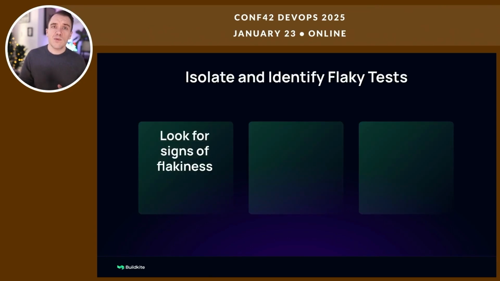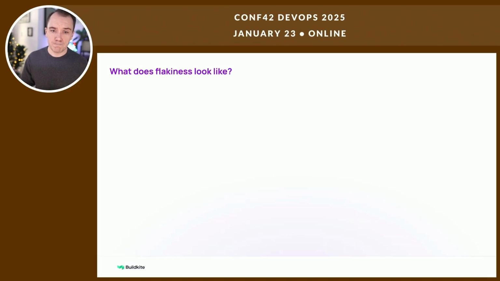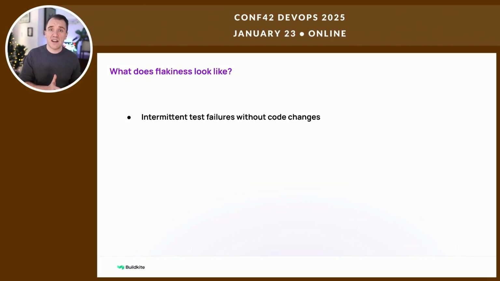So the first thing we're going to want to do is look for signs of flakiness. The real obvious one here, first things first, is a test exhibiting flaky behavior versus just being a broken test. So we're going to be looking for certain distinct patterns of behavior to determine whether a test is flaky. First one would be intermittent test failures without any code changes.